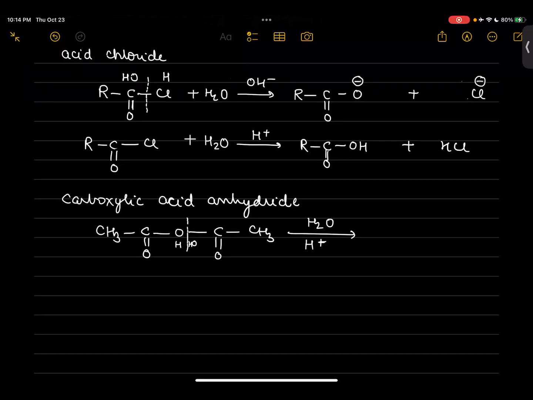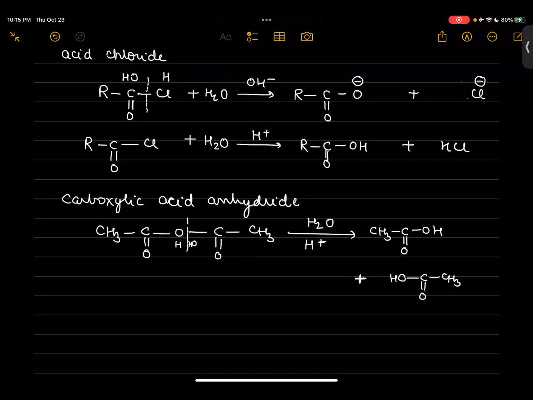Clear? So when you do this, you get two carboxylic acids. Got it? But the answer is just one molecule because both the parts are the same. Only one type of carboxylic acid.